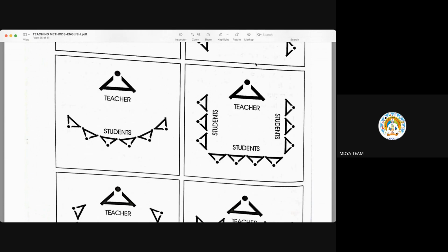And then this is the half moon type structure, when the teacher is in the front and you are in a semicircle position. And then the fourth one is like a rectangular type. Teacher is at one line and then students cover the three lines of a rectangle.